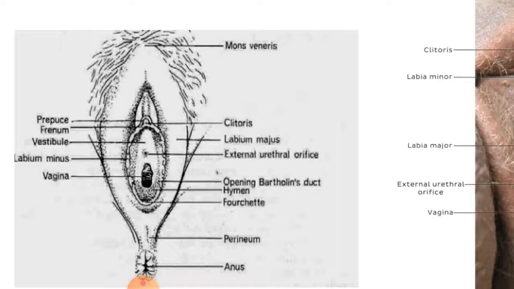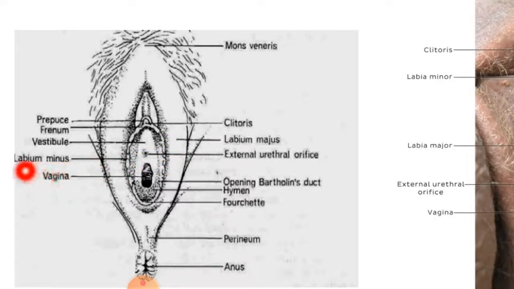The next structure that we are going to discuss is the labia minora, and these smaller folds of skin between the labia majora are called the labia minora.